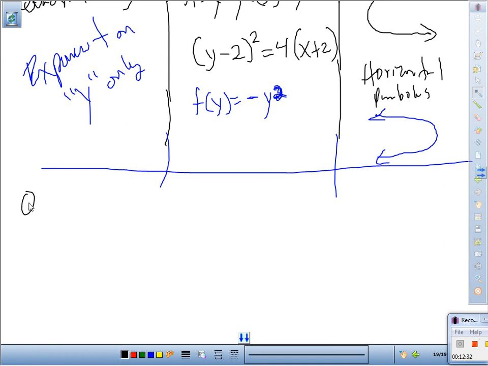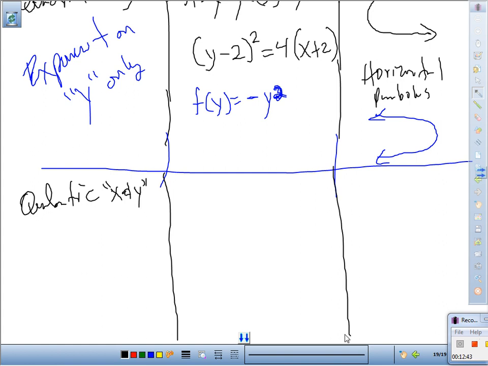Go to the next one, quadratic. But now I'm going to focus on x and y. Here it goes. X minus 2 squared plus y minus 3 squared equals 9.